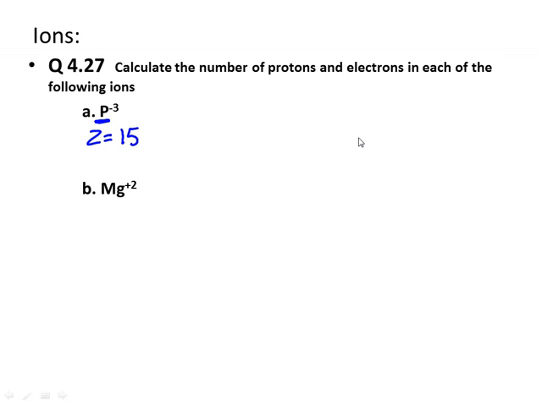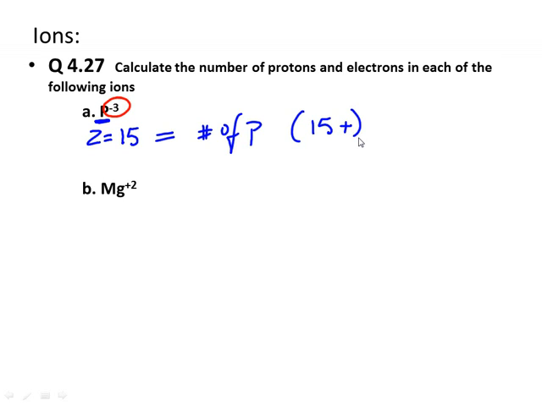If Z is equal to 15, then the number of protons is equal to 15. Now, if there are 15 protons, that basically means the total plus charge is 15. But note that this ion has a 3 minus overall charge.